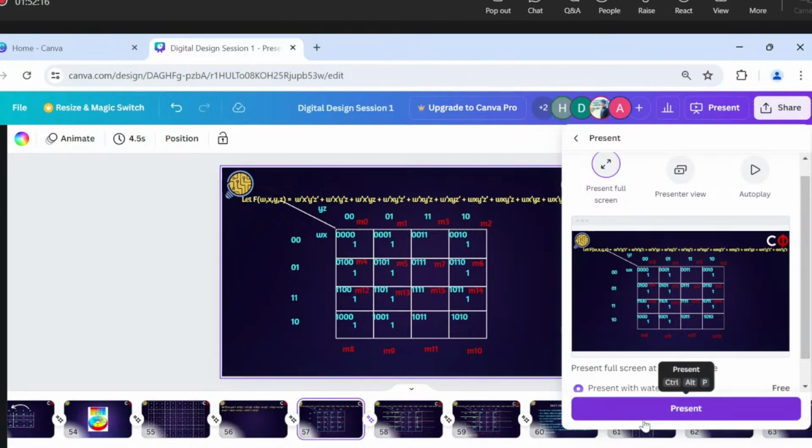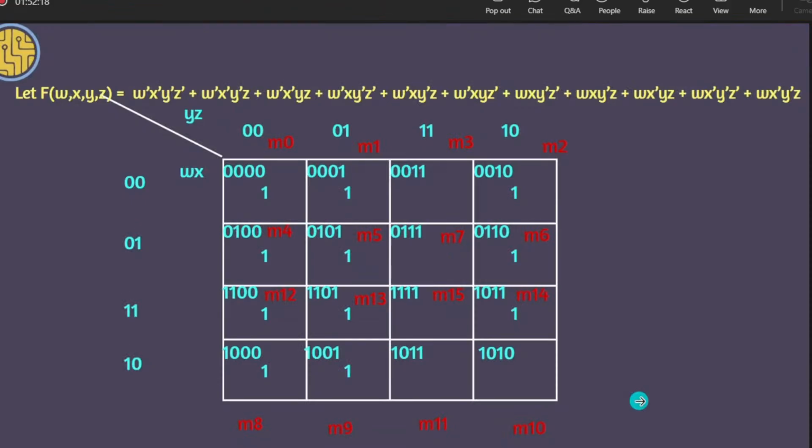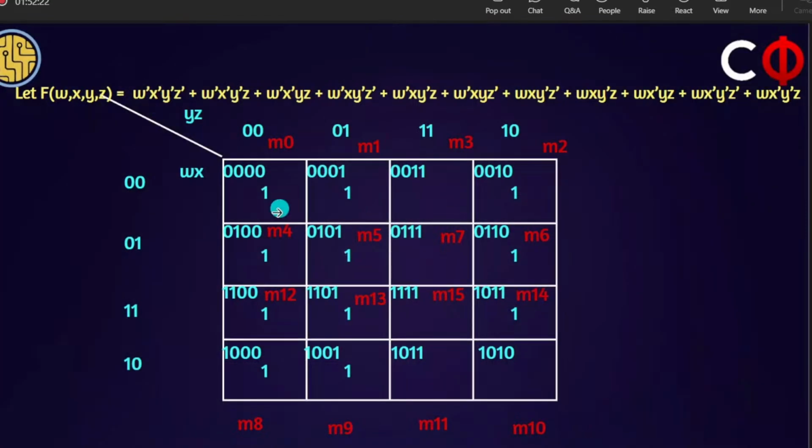Yeah, fine. So you can see W prime, X prime, Y prime, and Z prime. It's going to be this term. Next you have W prime, X prime, Y prime, and Z. So the first three zeros and the next term being 1. That's the term which we're searching for. So it's going to be this term.